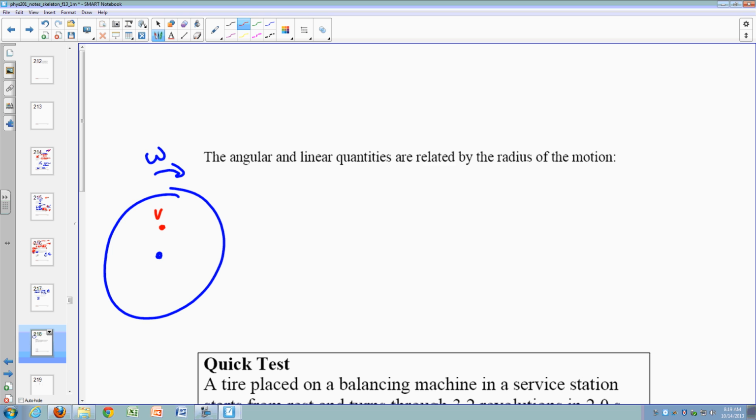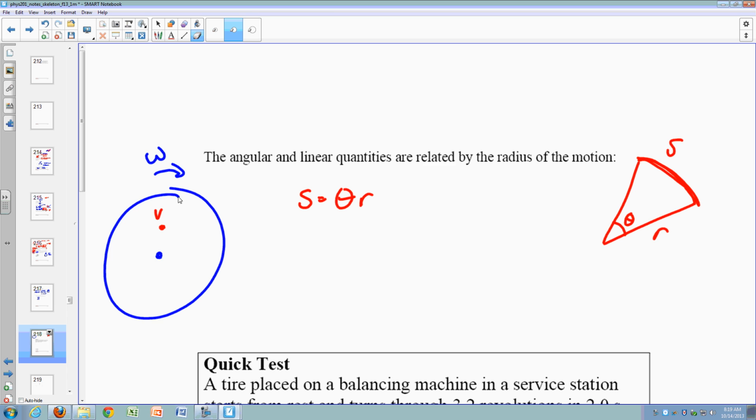First, I can say that s is equal to theta times r. This is called the arc. So if I move to a certain angle theta, and this distance is s, and this is r, then s is equal to theta times r. I can also say, and it shouldn't be a big leap for you, that v is equal to omega times r, and a is equal to alpha times r, where this a is a tangential acceleration.